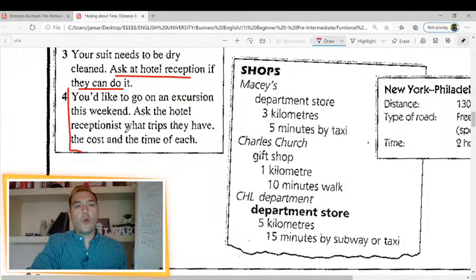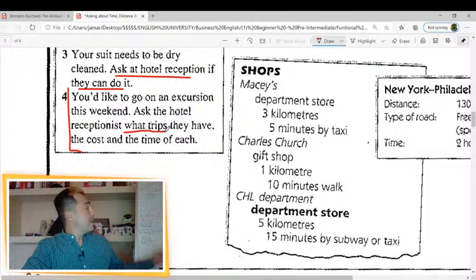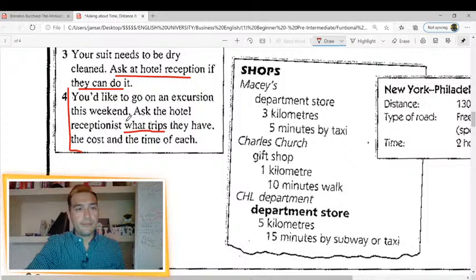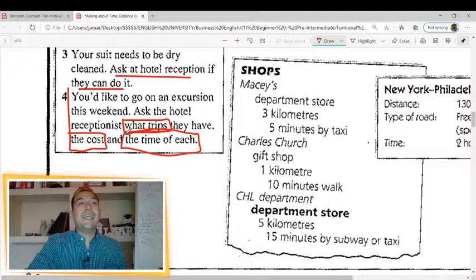Number 1, what trips? Look at that. They did it for you. What trips? That's the WH. Then they want the cost and the time of each.